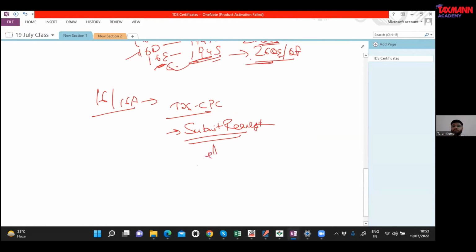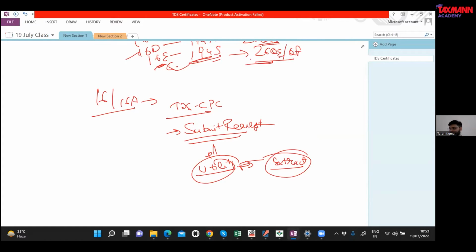Then you need to have a utility. Remember, we learned those utilities while filing TDS returns, when we downloaded the utility for form 24Q, 26Q, and 27Q. Similarly, you need a utility to extract these TDS certificates. There is a utility at the TDS CPC portal which you need to download.